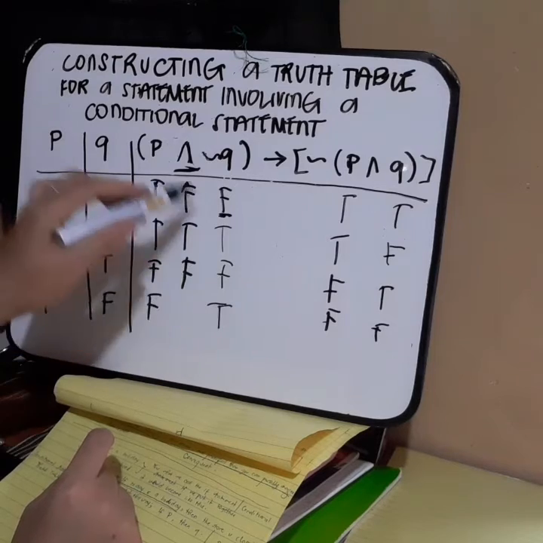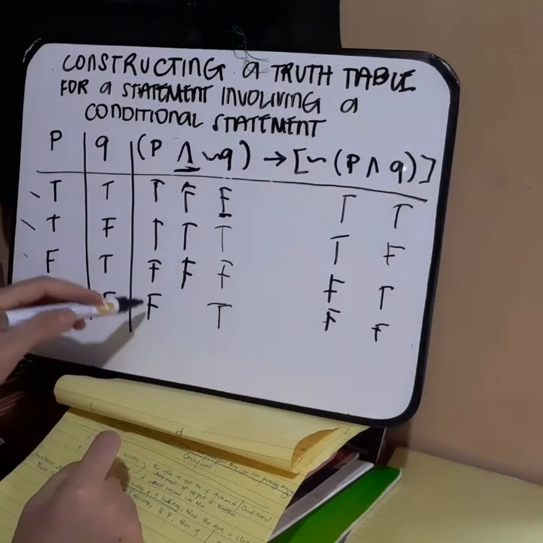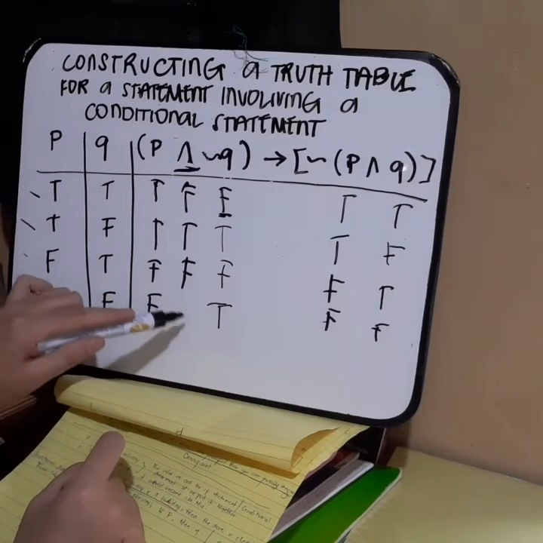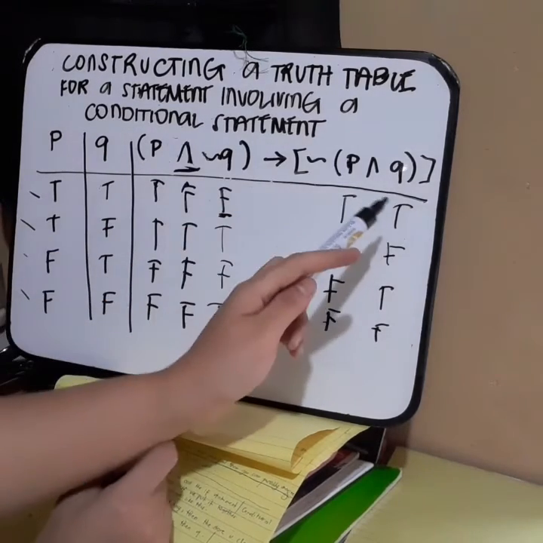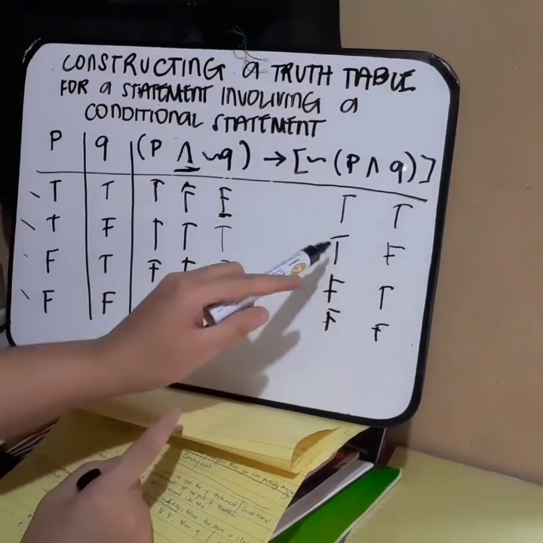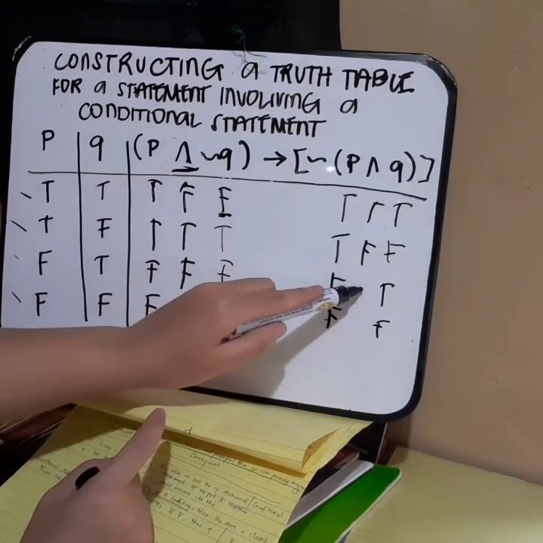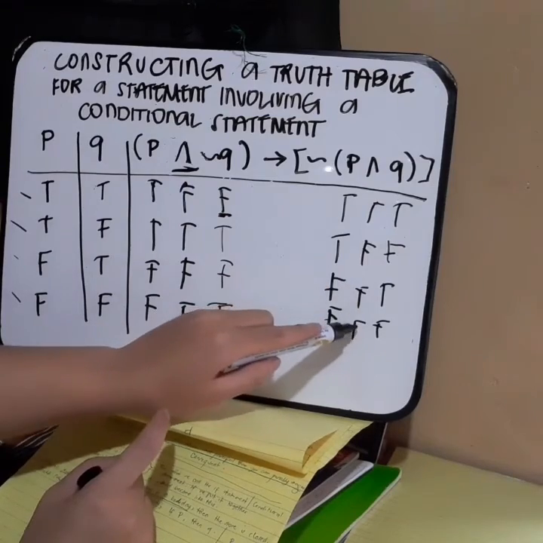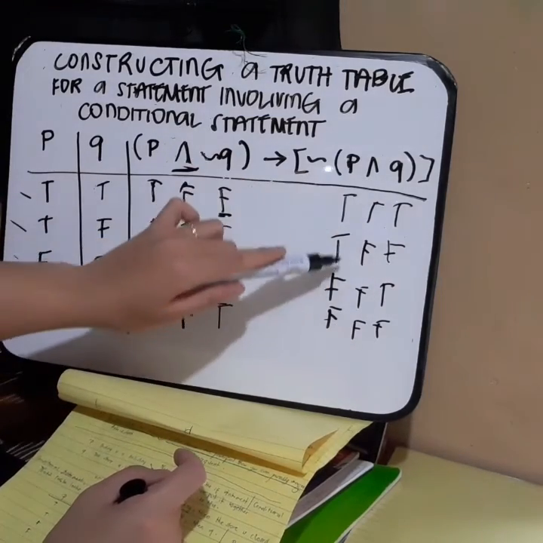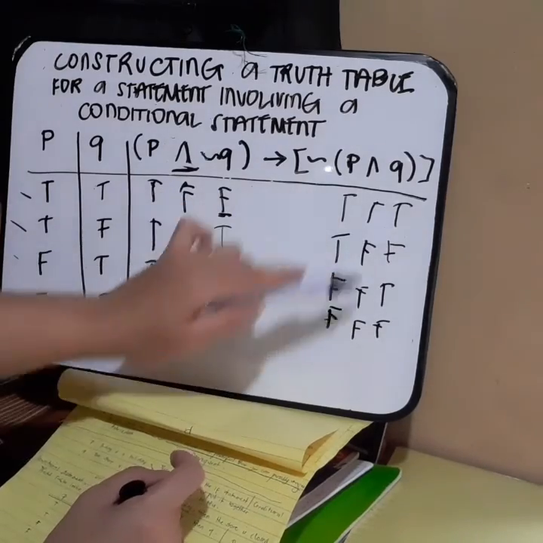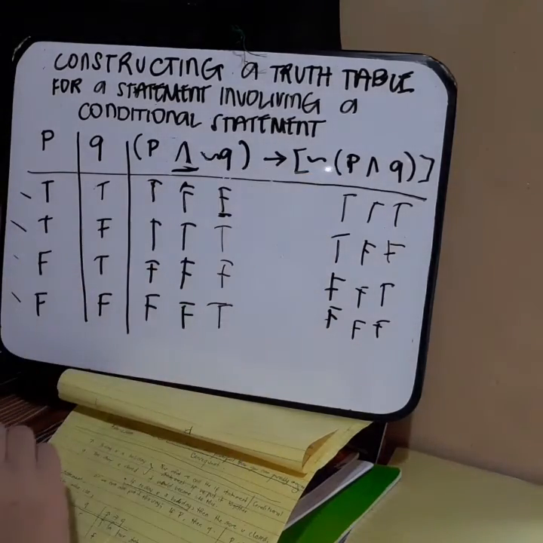Kasi nga, if there's always a false in a statement, magiging false siya. So, false, true, magiging false pa rin yan. So, how about here? So, pareho siya, yung AND, ganun pa din siya. So, true, false, false, false. Kasi, if there's always a false in a statement, magiging false parati yung connective na AND.